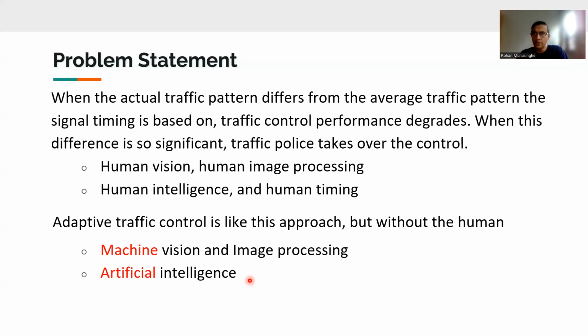Try to figure out what the images are telling you: the traffic intensity, different types of vehicles, how bad traffic is in one direction versus the other directions. Use machine intelligence, and then come up with some sort of control algorithm to apportion the timing. This is exactly what we are doing in adaptive traffic control.